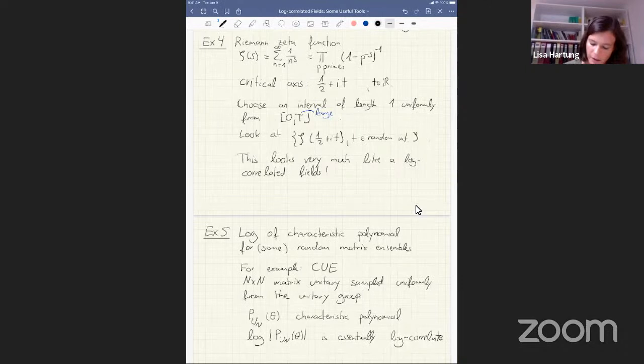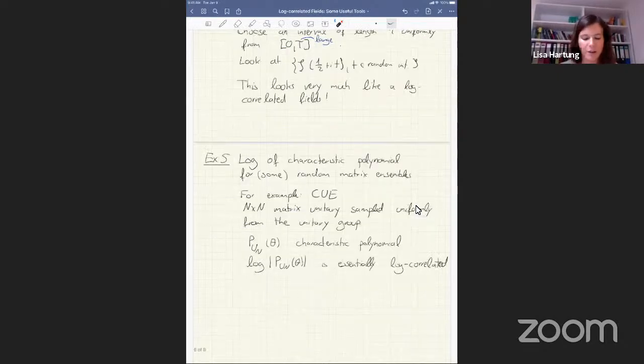And in fact, there are lots of predictions on how the Riemann zeta function behaves, and many of them are based on an analogy with random matrix theory. So there's also a strong link between examples 4 and 5. Okay. So this should have shown you that there are many models that fall into this class of log correlated fields, and that they tend to appear in different places.